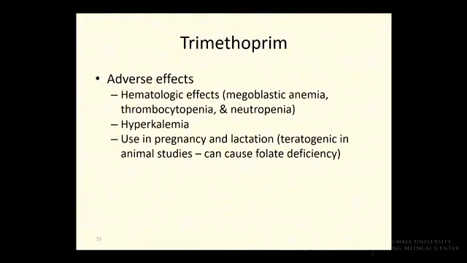It can also cause hyperkalemia, and it is not generally used in pregnancy and lactation. It's not completely contraindicated, but it is not recommended to be used in pregnancy and lactation. Animal studies have shown a teratogenic effect because of folate deficiency.